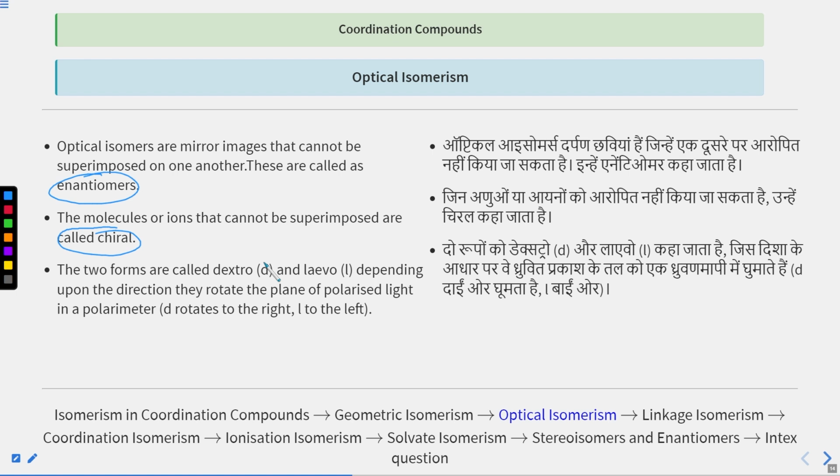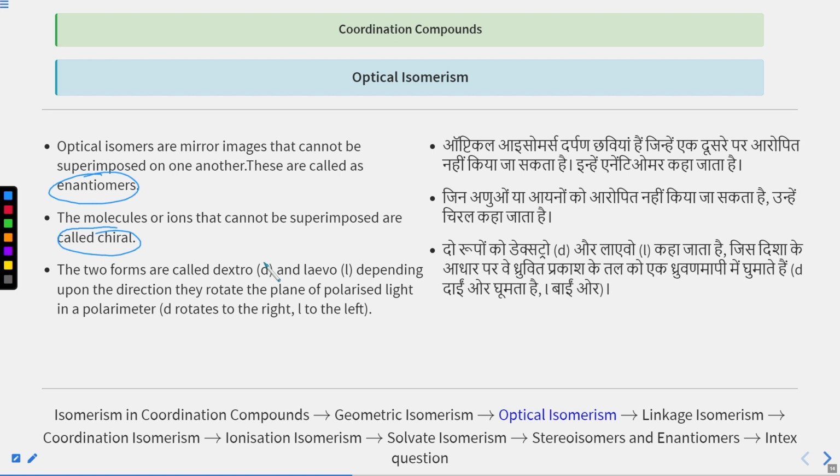So what is the meaning of this? What do we do? Suppose we have two molecules which are non-superimposable. We take one molecule, place it in front of a mirror, and get another image, and both of these images are not superimposable. Then the next step: we take two beakers.